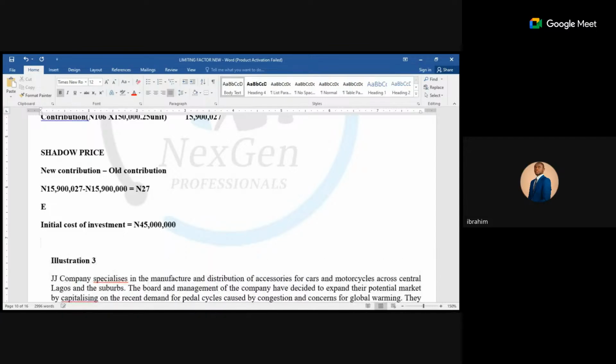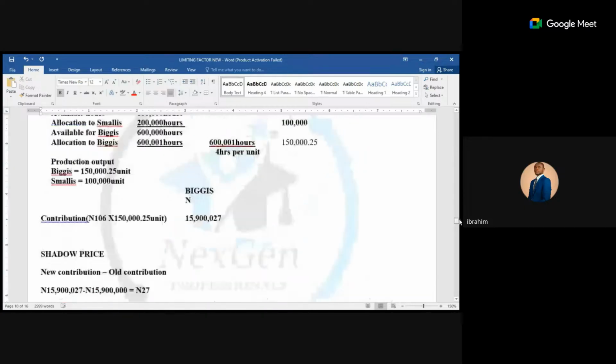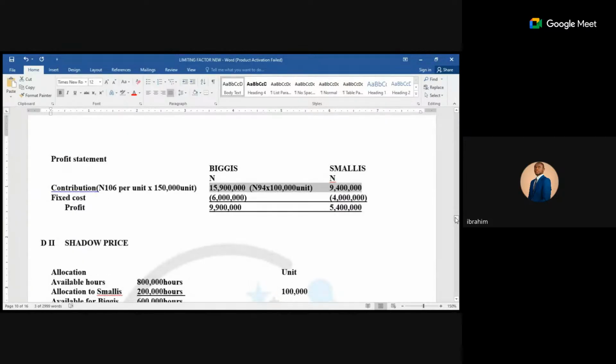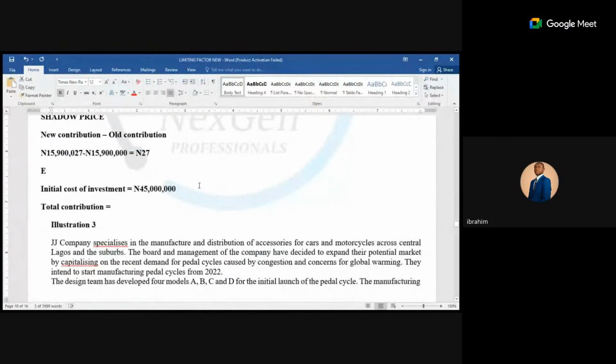Please add the total contribution for biggies and smallies. Add the two contributions together.